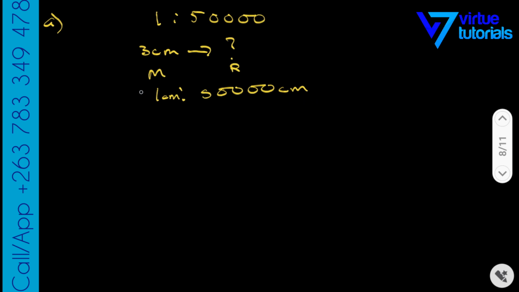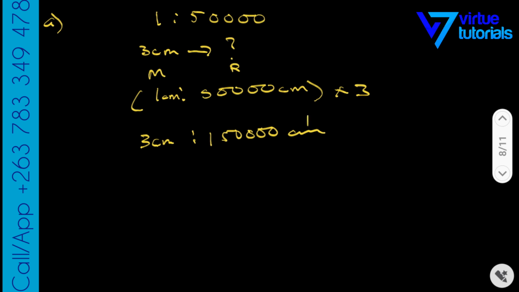So I can first multiply both sides by 3, so that I get 3 centimeters on that side, and this side gives 150,000 centimeters. So 3 centimeters on the map actually represents 150,000 centimeters in real life.